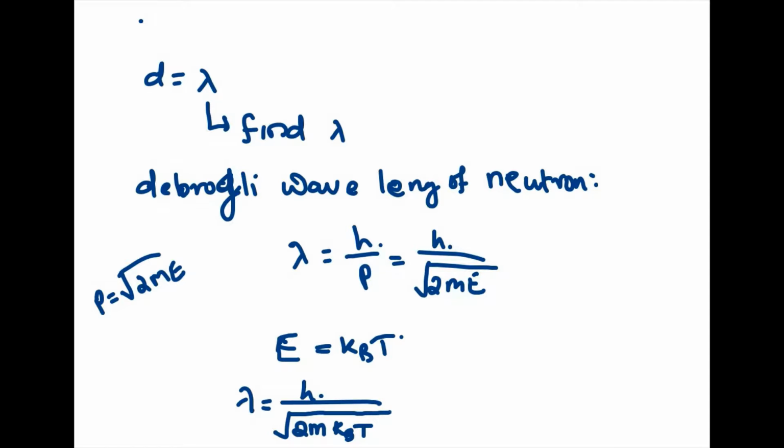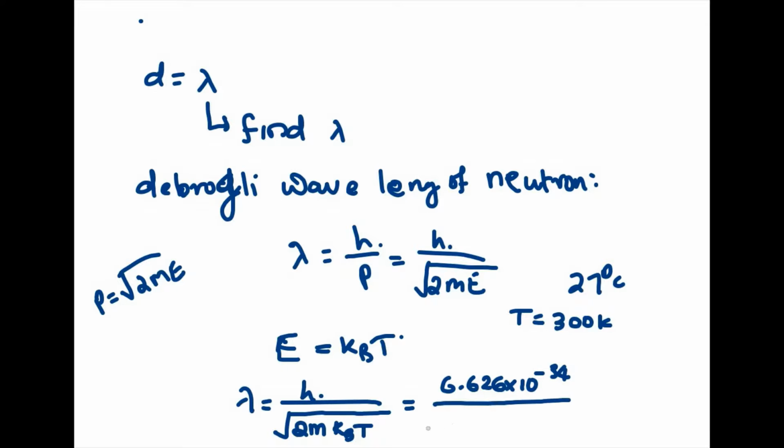Here it is given T equal to 27 degrees Celsius, so in Kelvin it becomes 300 K. So substitute these values. h is 6.626 into 10 power minus 34, and root of 2 into mass of neutron.